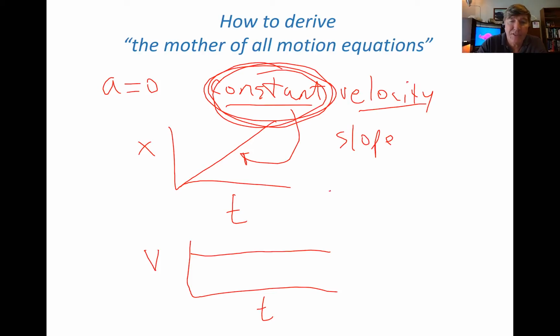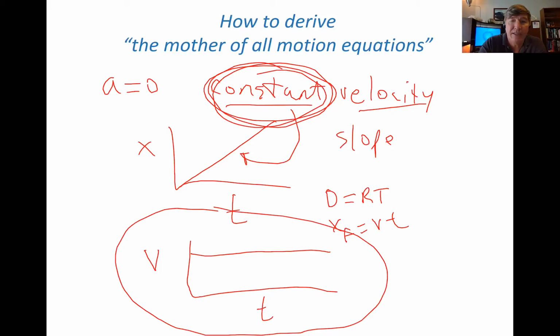Now, remember the equation distance equals rate times time, which I prefer to write as x final equals velocity times t. That's the way that I prefer to write it. Okay. Well, if I take this graph of velocity versus time and make it into a rectangle here, and I look at the area of this rectangle.